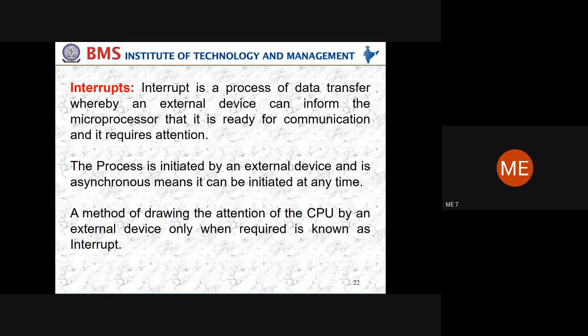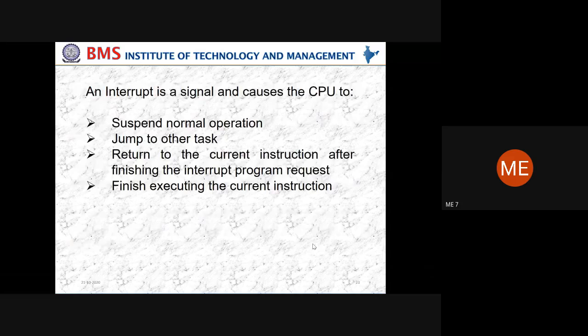Another way of putting it: an interrupt is a method of drawing the attention of the CPU, which is nothing but your microprocessor. A method of drawing the attention of the microprocessor by an external device only when required is known as the interrupt. In order to do that, the microprocessor has what are called interrupt pins.